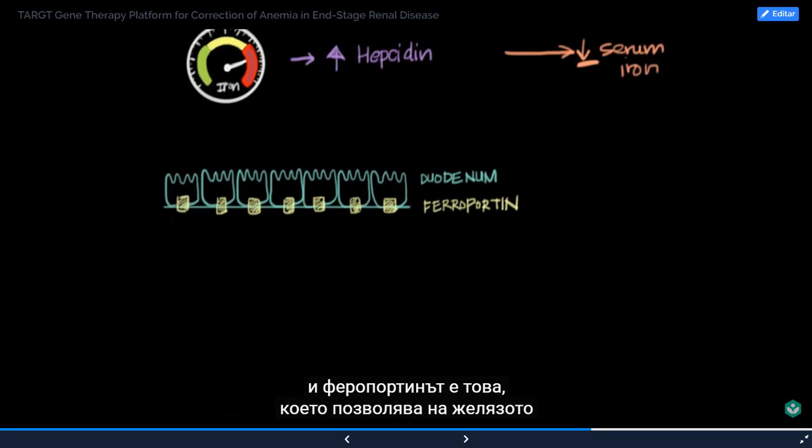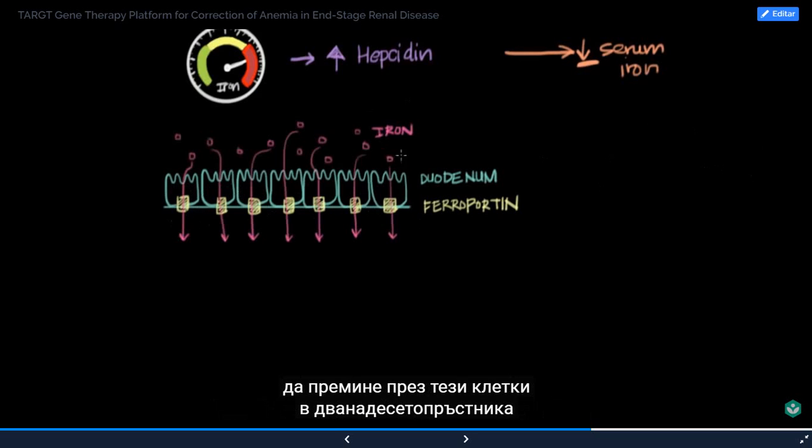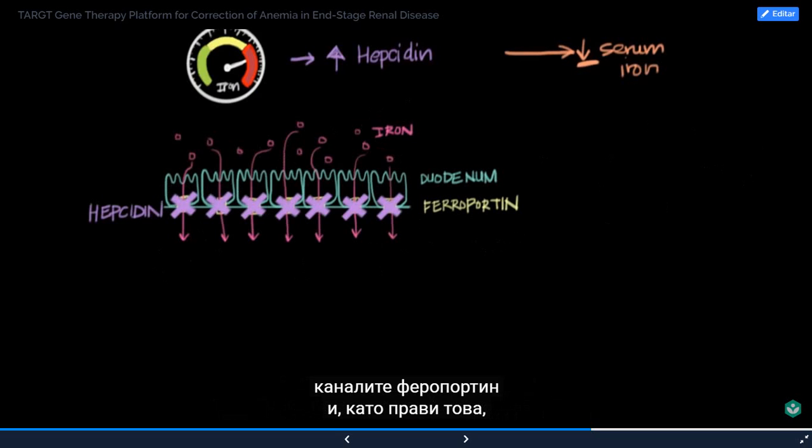Ferroportin is what allows the iron to go across these cells in the duodenum and be absorbed into the bloodstream. Now, hepcidin comes in and blocks the ferroportin channels, and by doing so, it inhibits the absorption of iron from the gut. So that's the first way in which hepcidin acts to decrease serum iron levels.